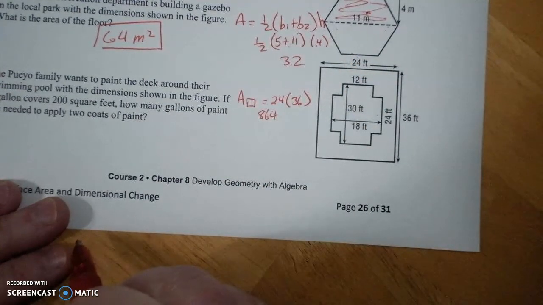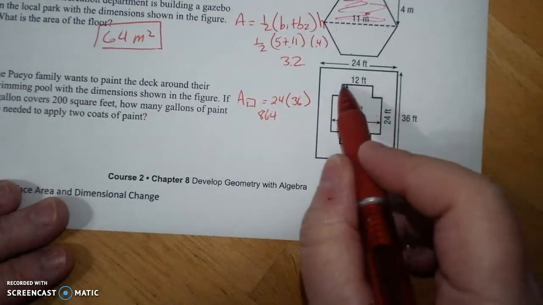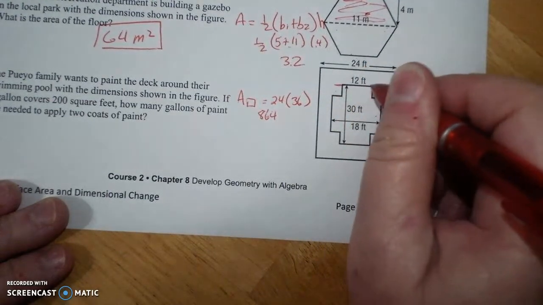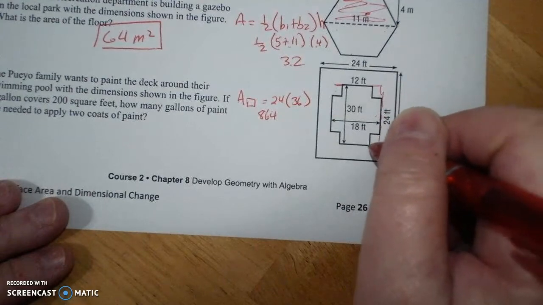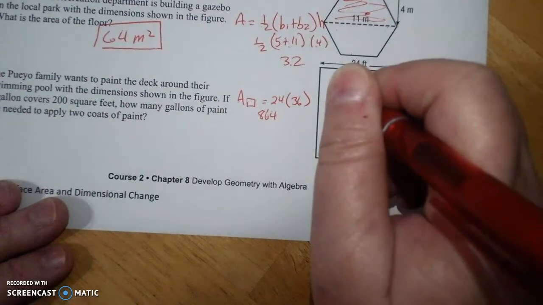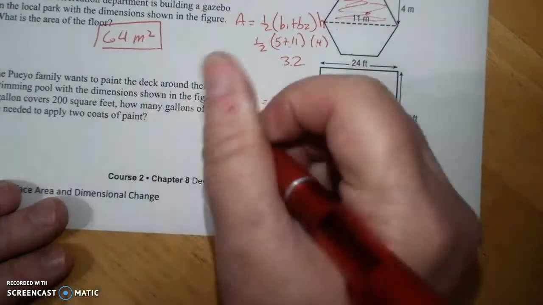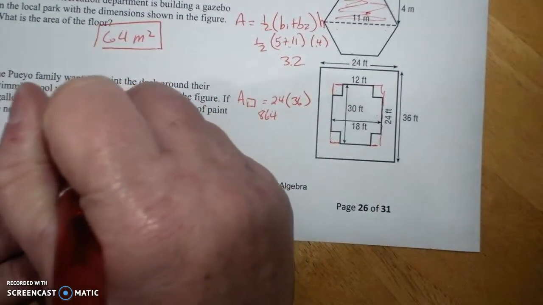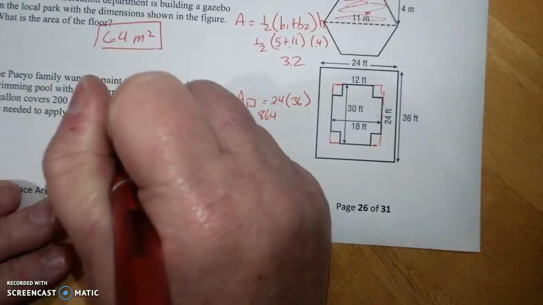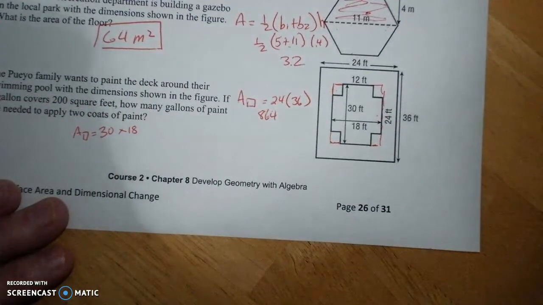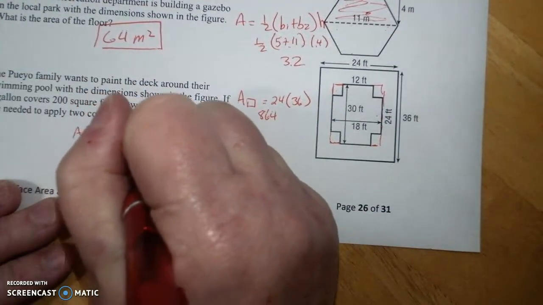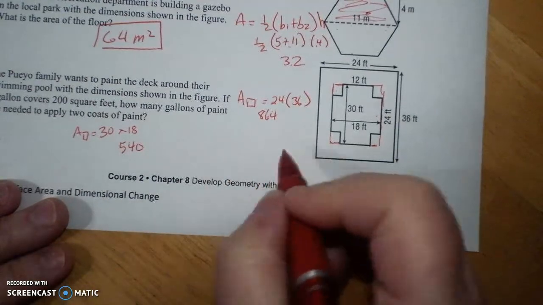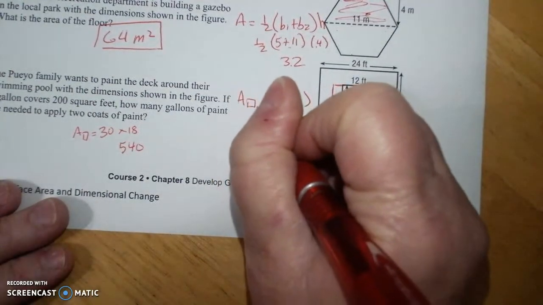And then I am going to pull out this rectangle, which is 30 by 18. Which is 540. And so I pull that out. So I pull out the 540.